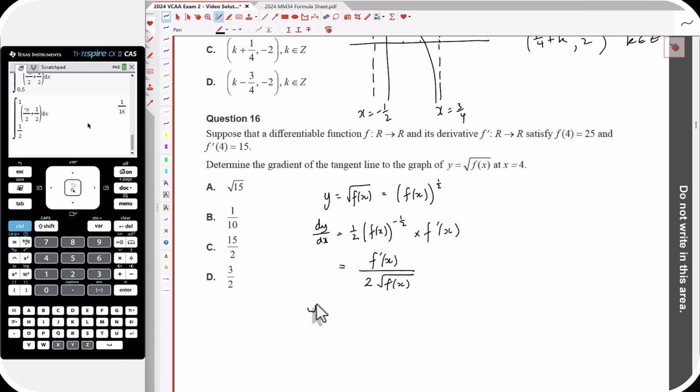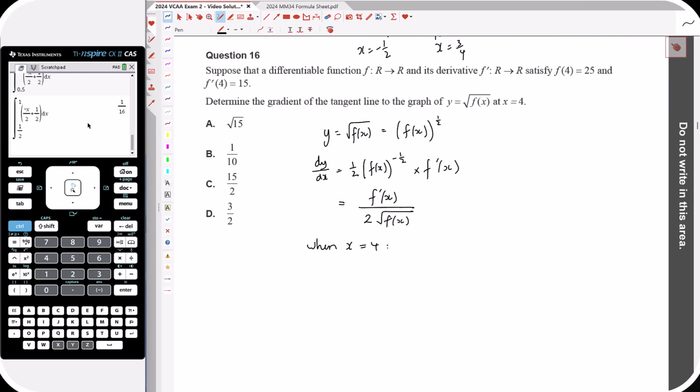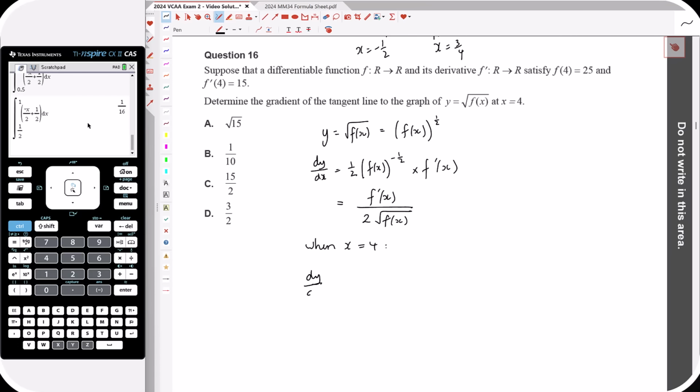Okay, so we want the gradient when x equals 4, so that means we're going to have f dash at 4 over 2 times the square root of f at 4, and we know both of those things.